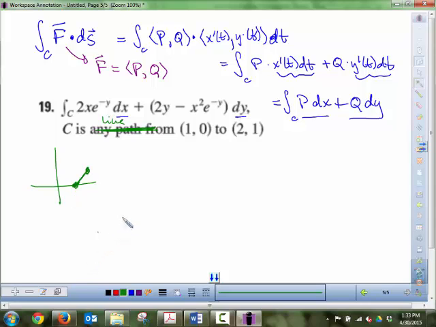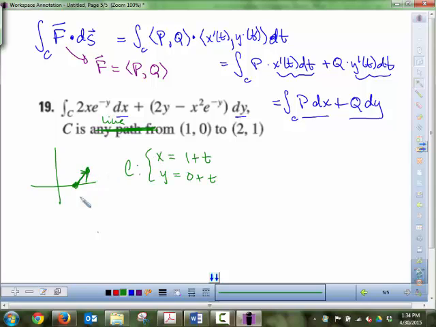And so let's parameterize this path. This is just a line segment, right? So we know that for a line segment, all we have to do is take a look at the starting point, (1, 0), and then add t times the difference between them.